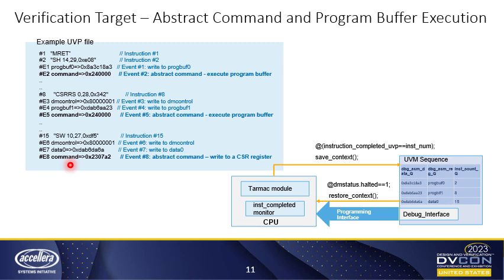One problem we met is that executing an abstract command can potentially alter the core's context, such as CSR or GPR register value change, or change to a different privilege level. Because of this, the core can potentially deviate from the intended programming region.